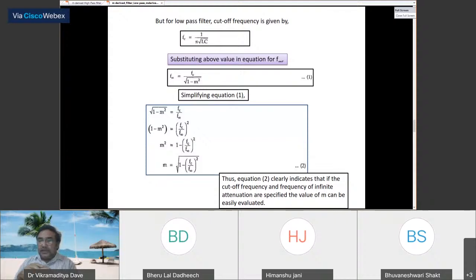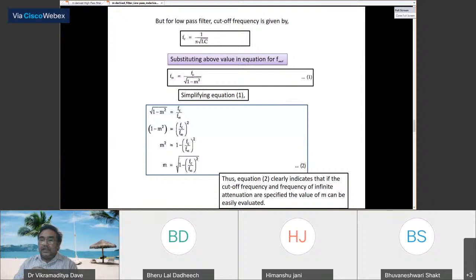From this it is very clear that M will have a value between 0 and 1. When fc becomes equal to f infinity, it becomes 1 minus 1, which is equal to 0, and then M is equal to 0.